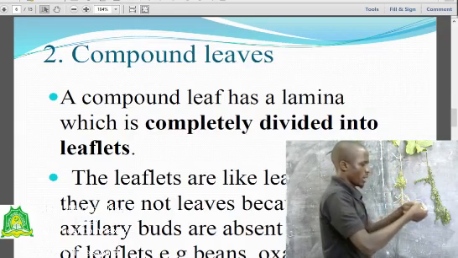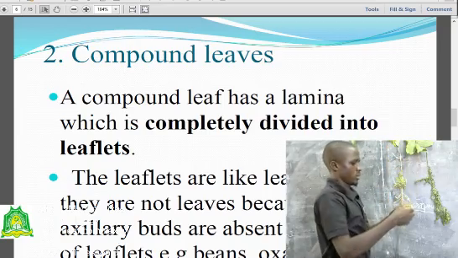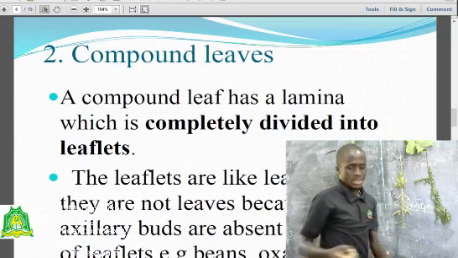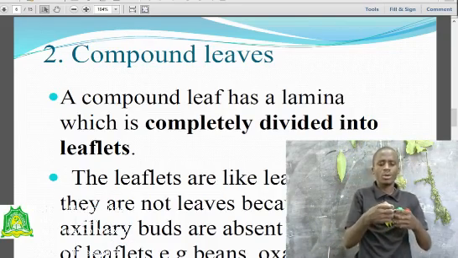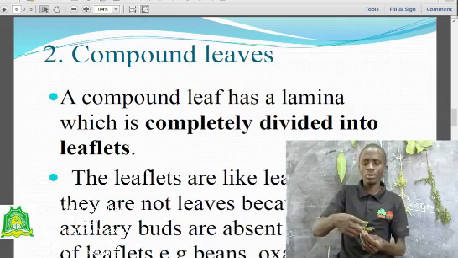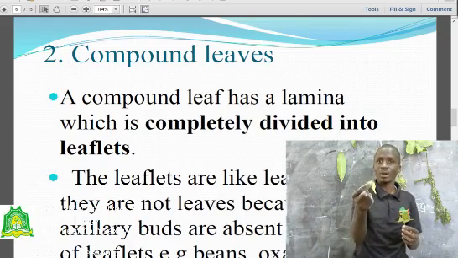For example, this one. This is a bean leaf. Now listen. It is a compound leaf. Someone will say, but this alone is a bean leaf. Leaflet actually.